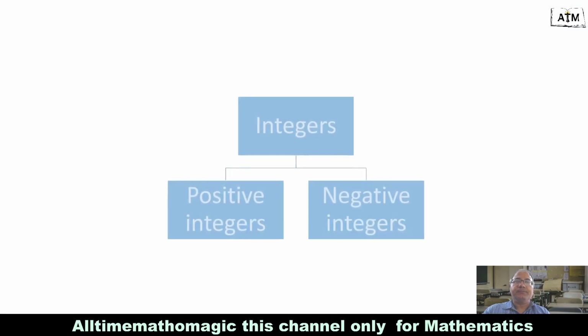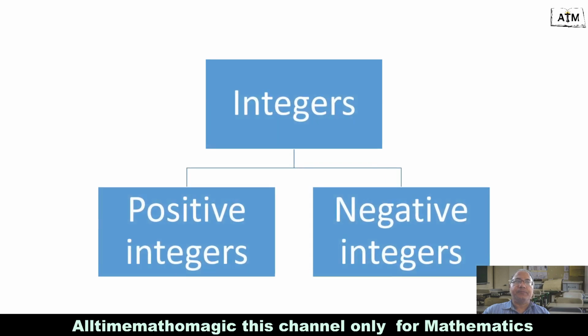Thus, classification of integers: positive integers, negative integers, and the 0 is present between positive and negative integers.